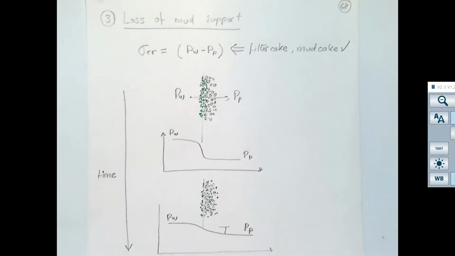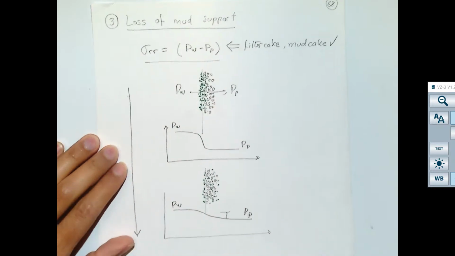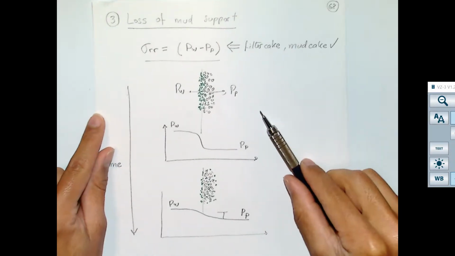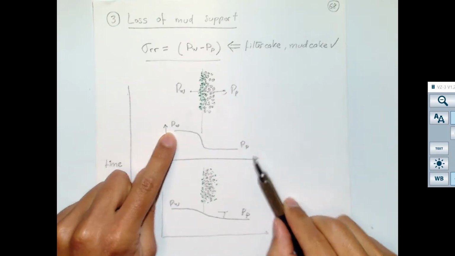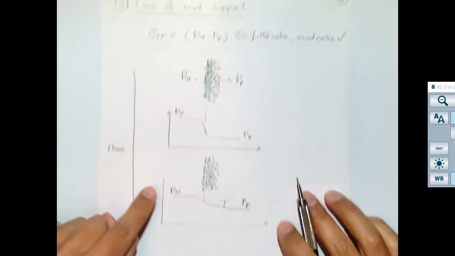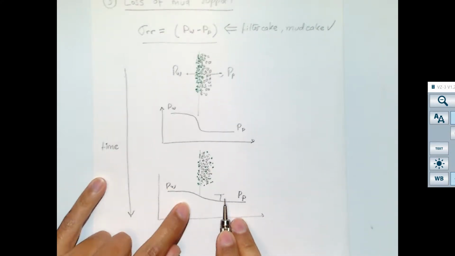And the third factor that you should take into account is the loss of mud support. This is basically an effect where you may lose your effective radial stress support when you lose your mud cake. When you lose your mud cake, you lose this sharp gradient between the pressure in the wellbore and the pressure in the formation. And when you lose that, you have a reduced radial effective stress support.